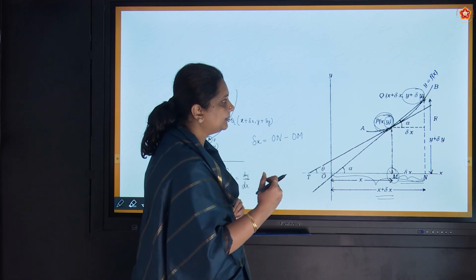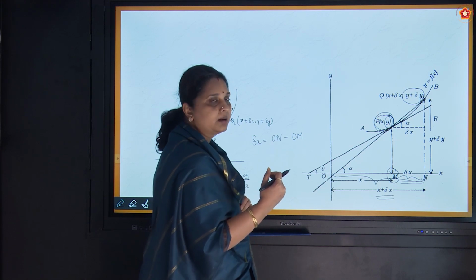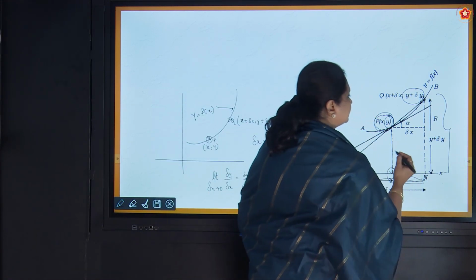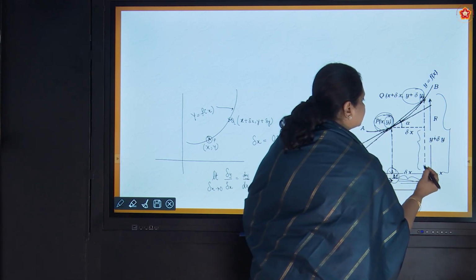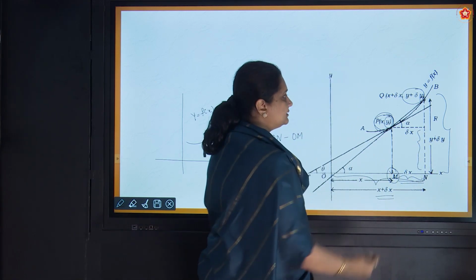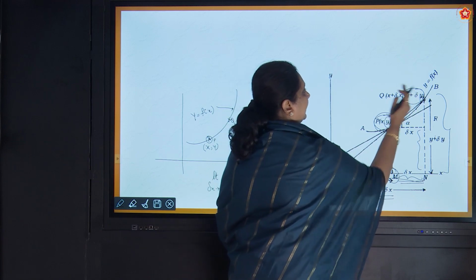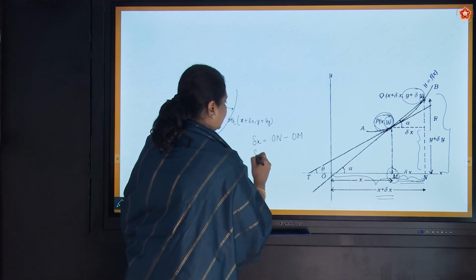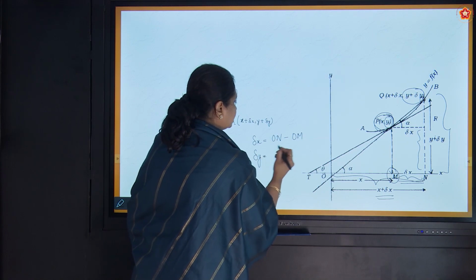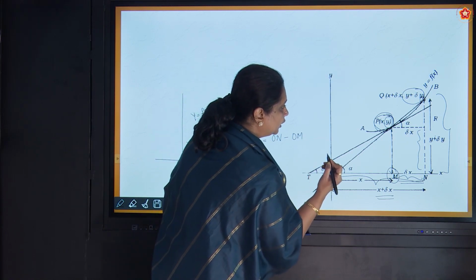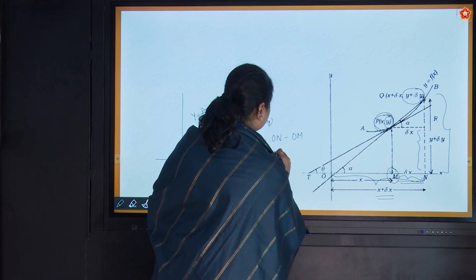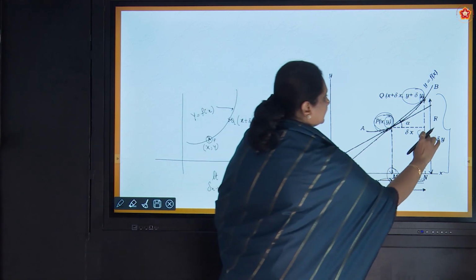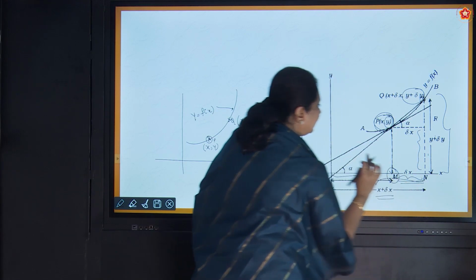Now similarly, let me understand my delta y. My delta y is going to be the difference of this entire distance minus this distance, that is the vertical distance between P and Q on the vertical axis. So my delta y is going to be equal to QN minus this distance, that is PM.